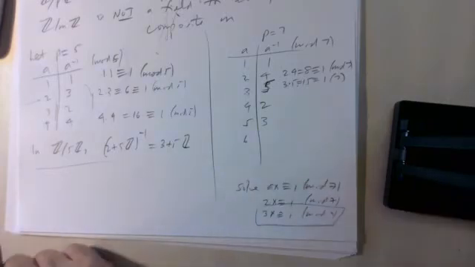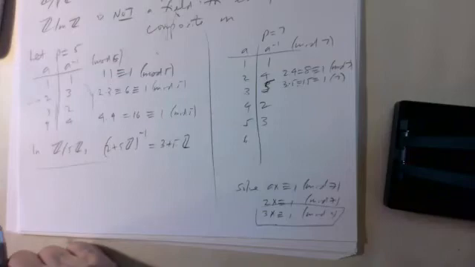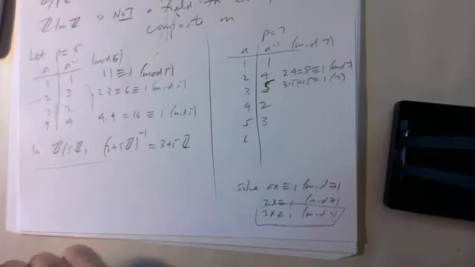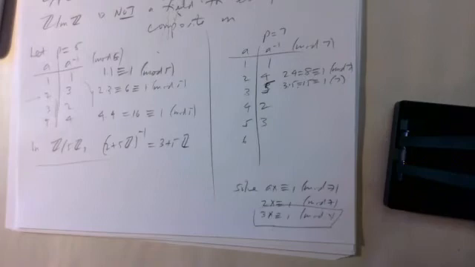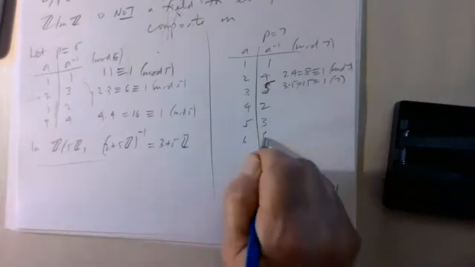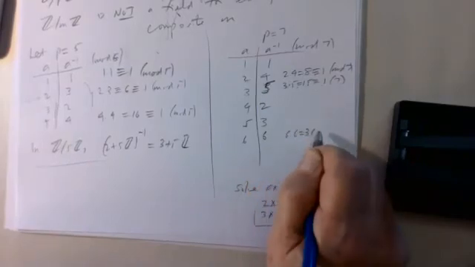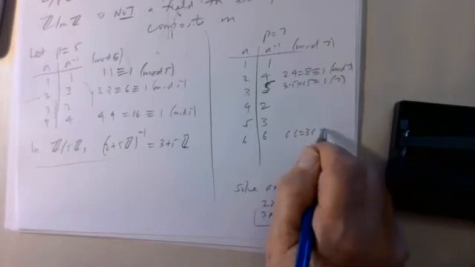What's the inverse of 6 mod 7? Well, you just have to start multiplying a few numbers. 6 times 1, 6 times 2, 6 times 6. 6, because 6 times 6 is 36. 36 minus 1 is 35, which is divisible by 7.